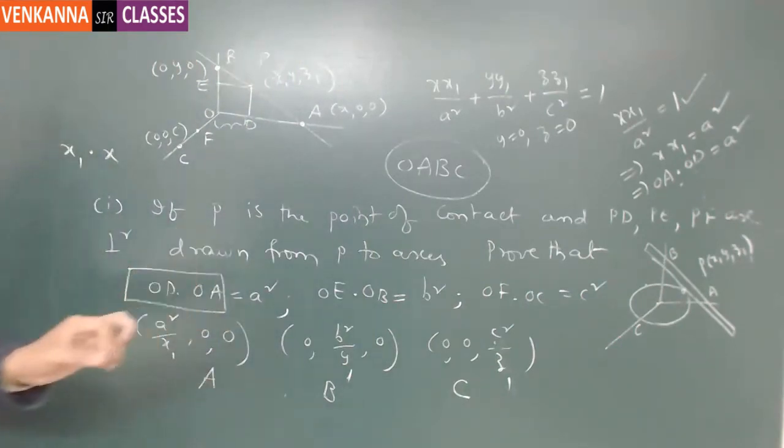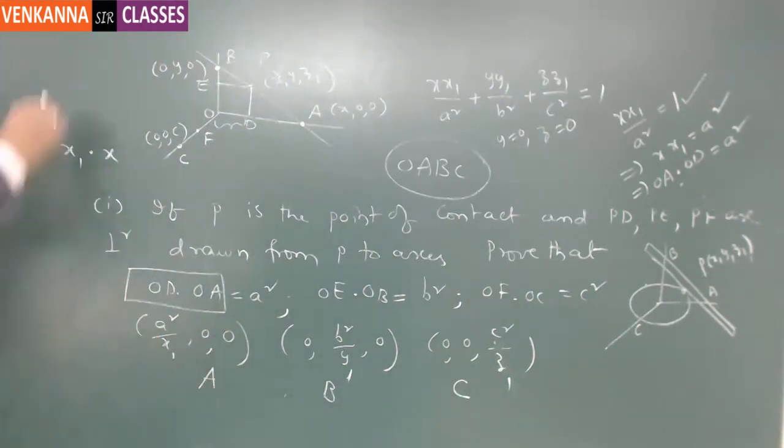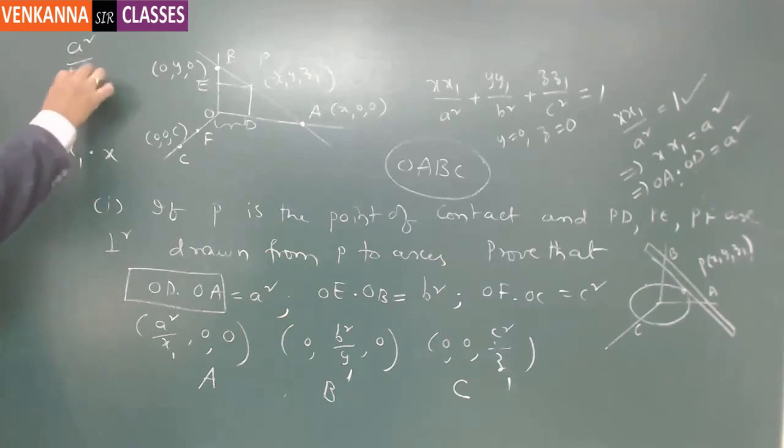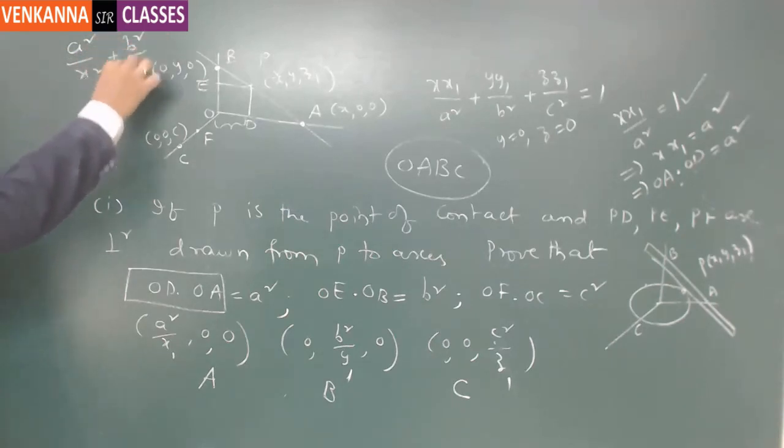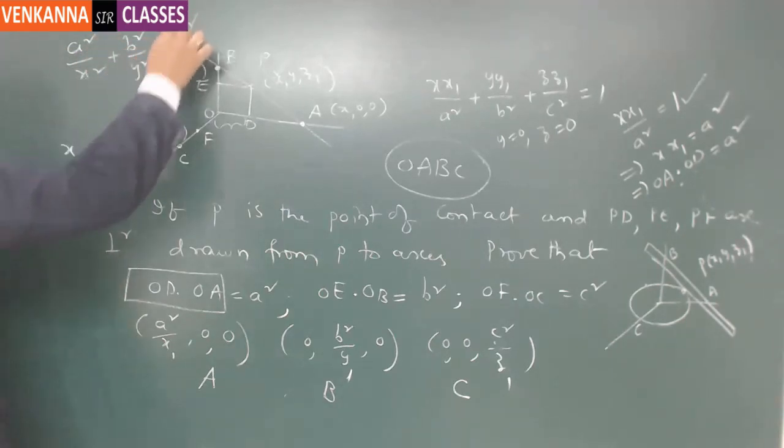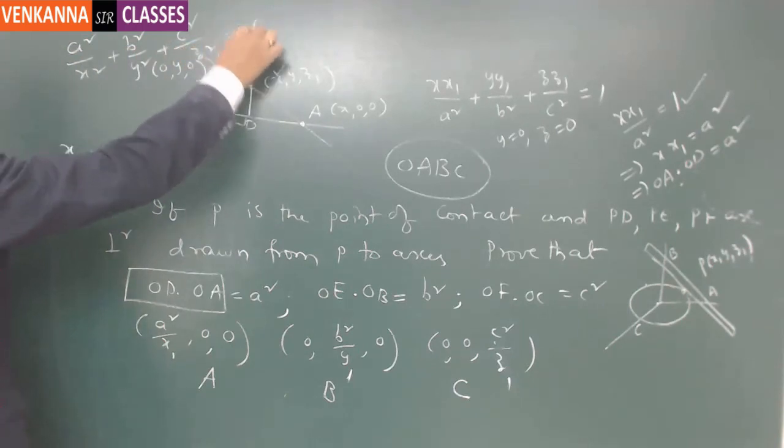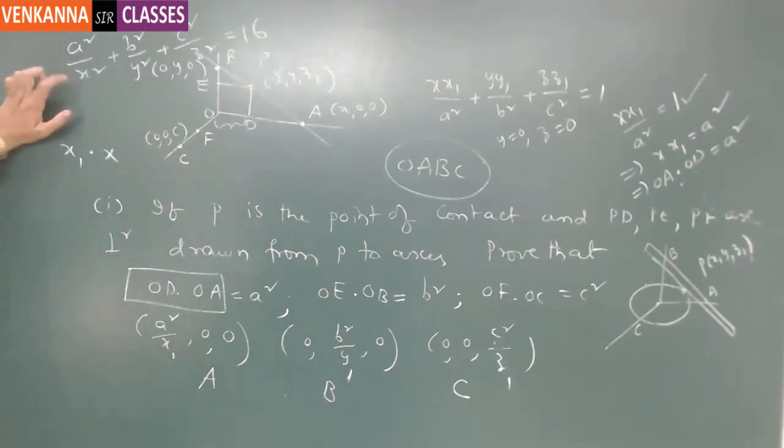Then you will get the locus equation as a square by x square plus b square by y square plus c square by z square equal to 16. Earlier you had the locus equation equal to 9 because there you got the centroid of the triangle.